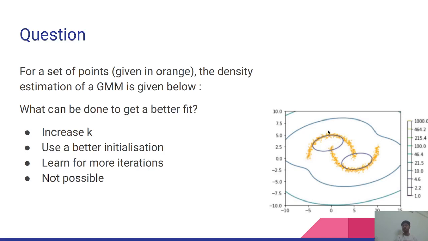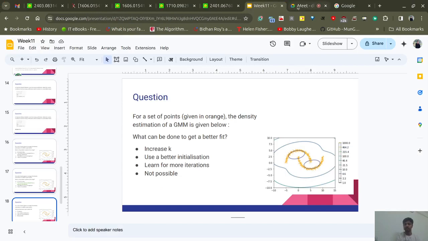No matter where we start, if we draw the circle here or here, most of the points will never be near the center of the cluster. Training for more iterations also will not help. But if we increase k, then maybe we can do better. Let me draw this.